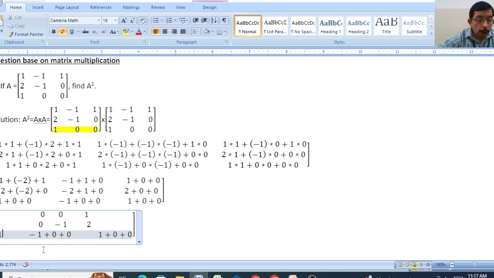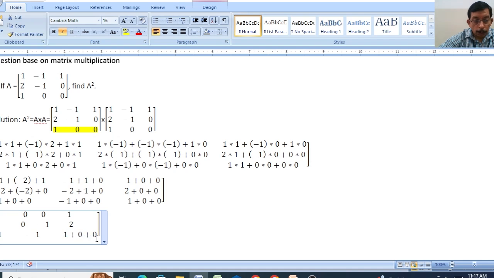Minus 1 plus 0 plus 0, minus 1. 1 plus 0 plus 0, 1, note down the same position.